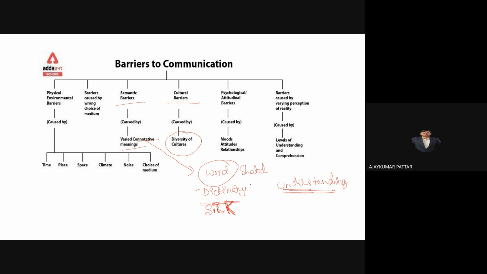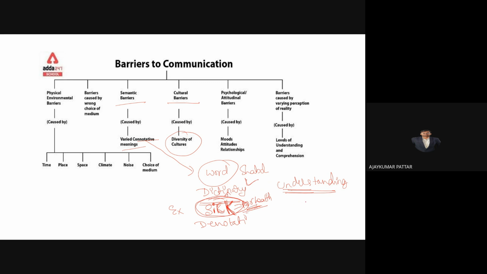So the meaning given by the dictionary is called denotation. For example, here I am taking the example sick. Sick in the dictionary actually means poor health. If you look in the dictionary, what is the meaning of sick? Poor health.